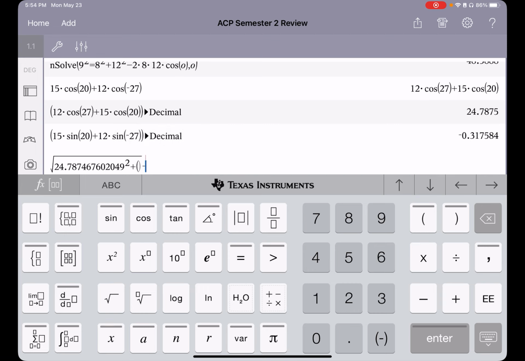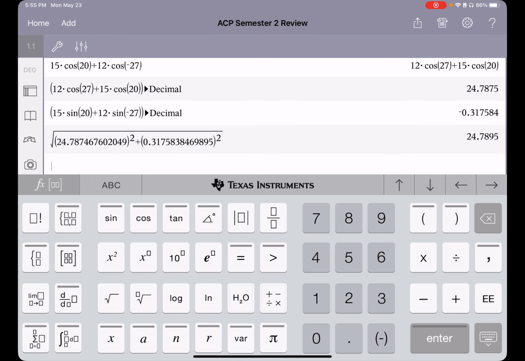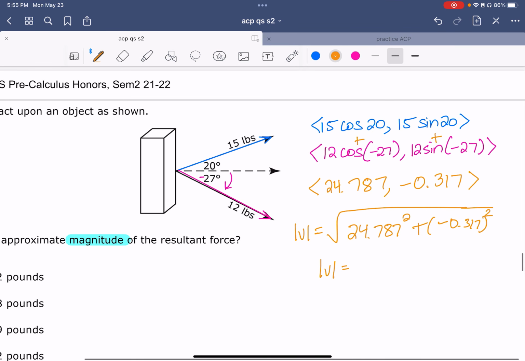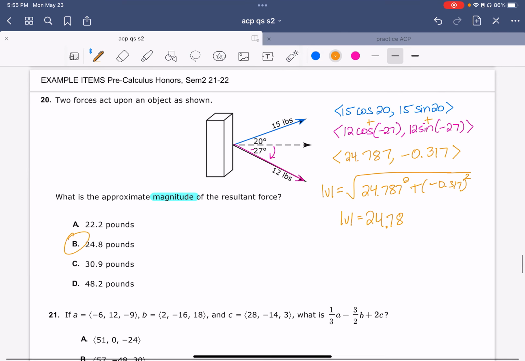It's also hard to do this in like touchscreen. And then I'm gonna square it. Make sure the square is still under the square root, and then press enter. As you get 24.78, which is approximately 24.8. So B would be the correct answer.